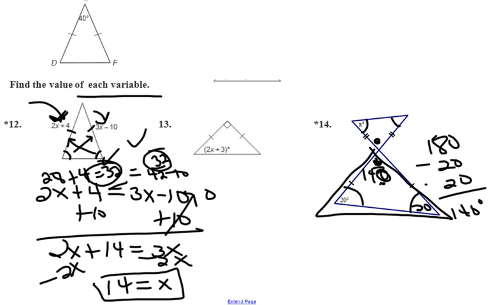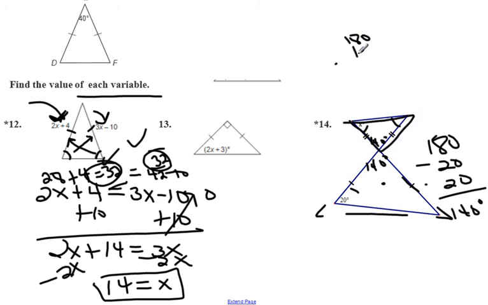And if that angle is 140 degrees, then vertical to that, this is 140 degrees, then vertical to that, this is also 140 degrees. And if this is 140 degrees and we have 3 angles in a triangle equal to 180, then we know that what's left in this triangle is 40 degrees.